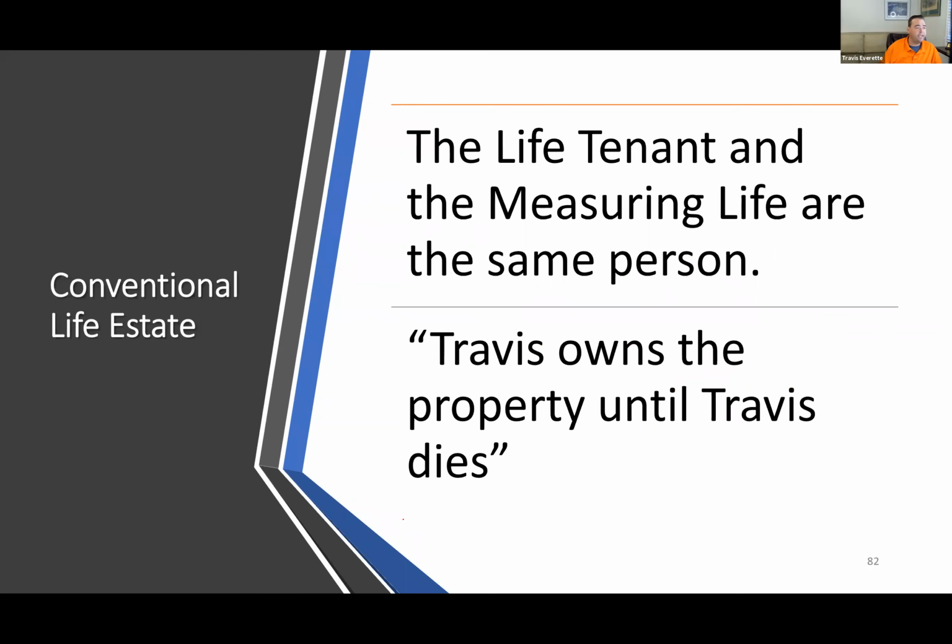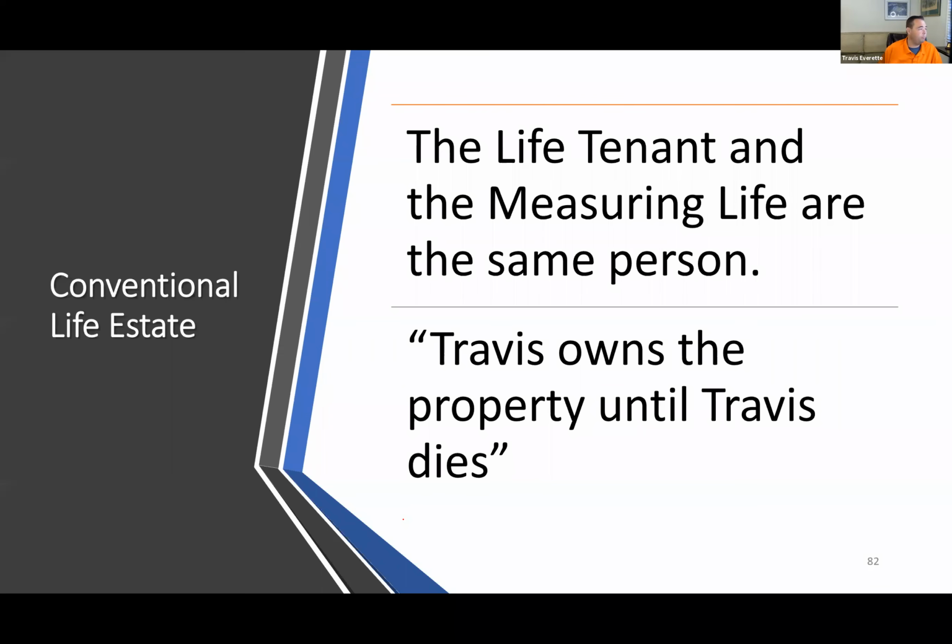If they were the same, that would be called a conventional life estate. In a conventional life estate, that just means that the life tenant and the measuring life are the same person. It doesn't have anything to do with the remainder, or with the grantor. It's just that the life tenant and the measuring life are exactly the same person. So I've given you an example. Travis owns the property.